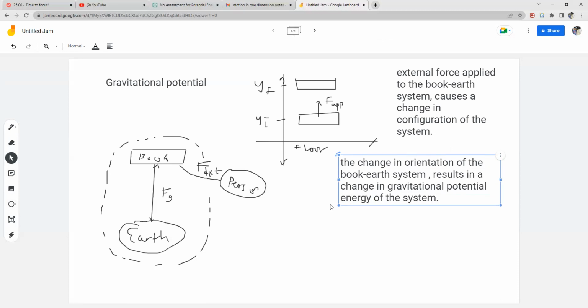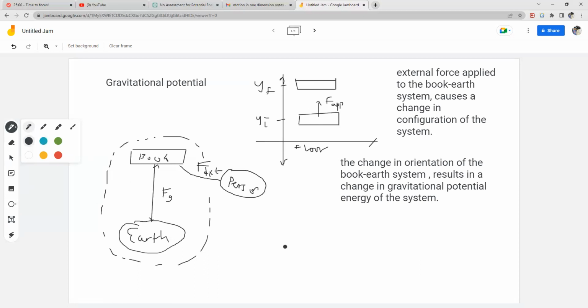Namely, the system now has more potential energy when the book is at y final than when the book is at y initial. Now, we have to quantify. How do we quantify that? How much energy is stored, or how much is this change in potential energy?